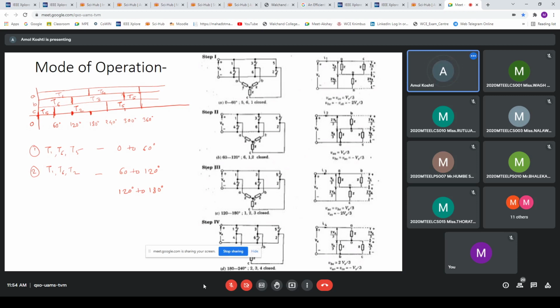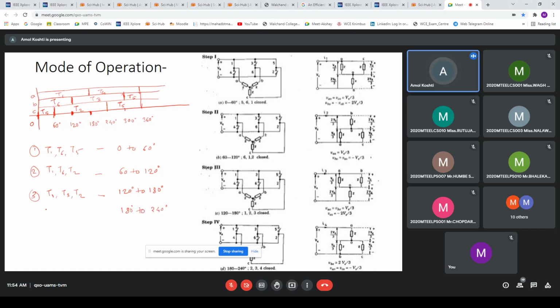So here from 120 to 180, T1 is on, T3 is on, and T2 is on. These three switches are on: T1, T3, and T2.